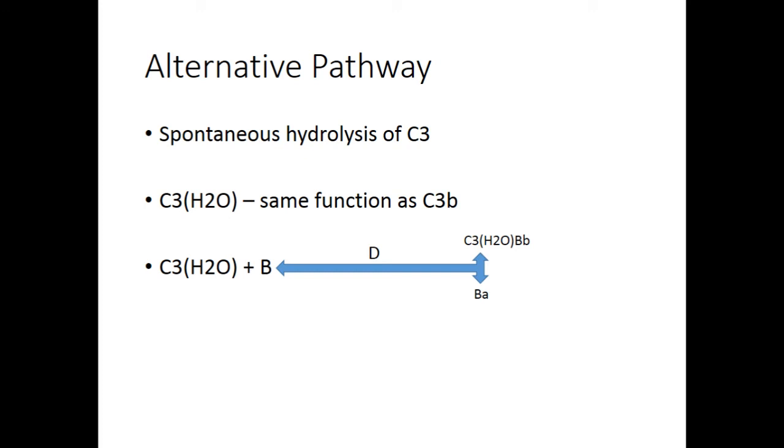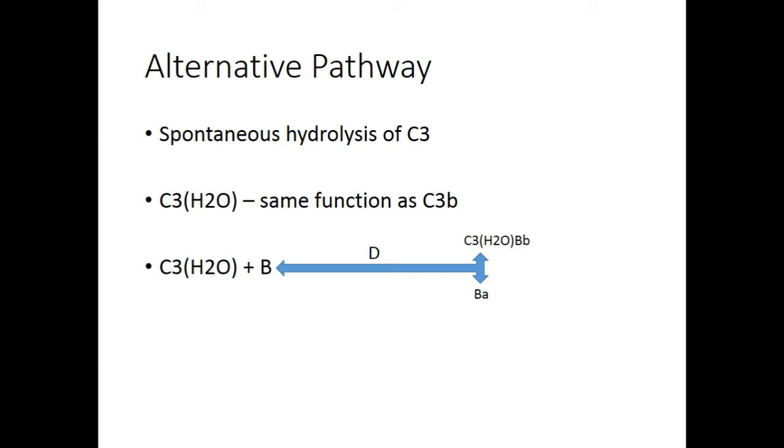It is an alternative pathway in that there will be spontaneous hydrolysis of C3 that is seen in the plasma. Again, C3 is the most common complement protein in the body, and it is seen in the plasma and interstitial fluid. So a very small fraction of C3 will spontaneously get hydrolyzed, and that is called C3H2O.